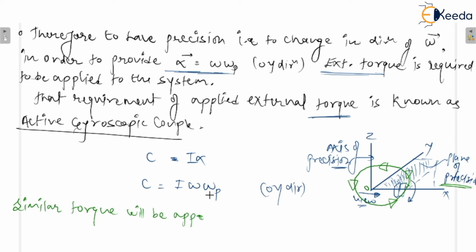It may be an aeroplane, it may be a naval ship, whatever. A similar torque will be applied by the system on the external agency.